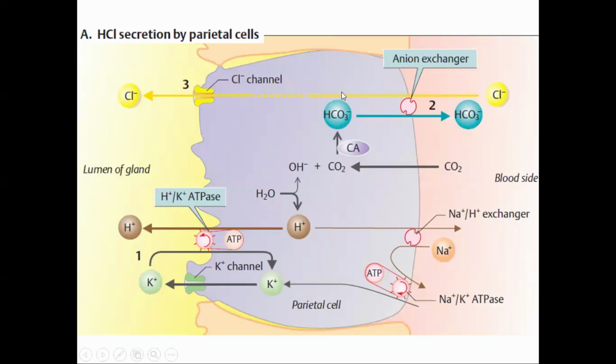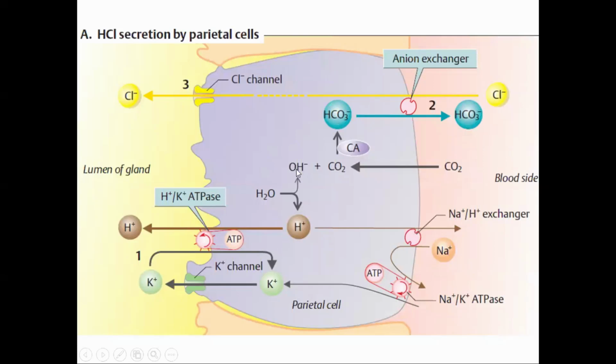So in the parietal cell, water is dissociated into hydrogen and hydroxide ion. This hydrogen is actively pumped through the hydrogen potassium ATPase into the lumen.